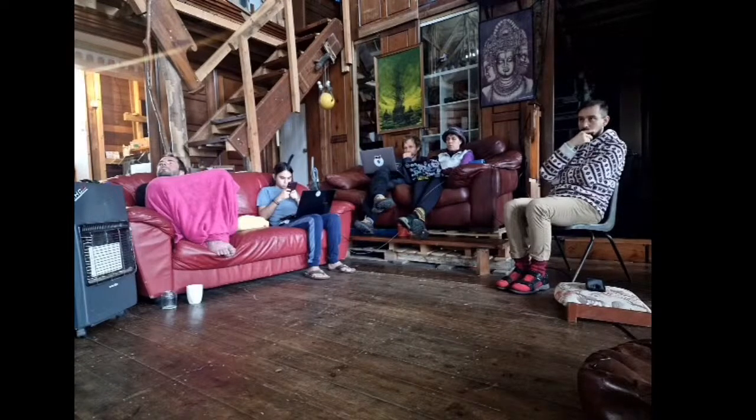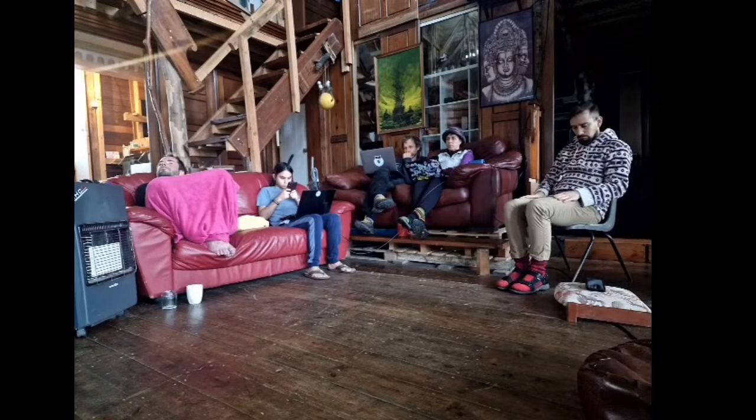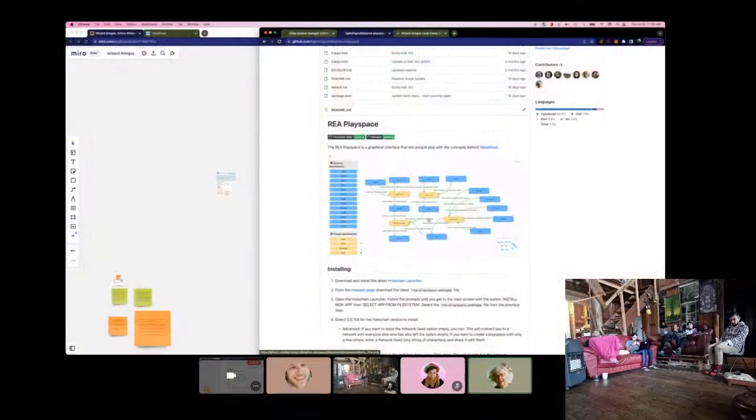So it's got a data model and interaction definitions.